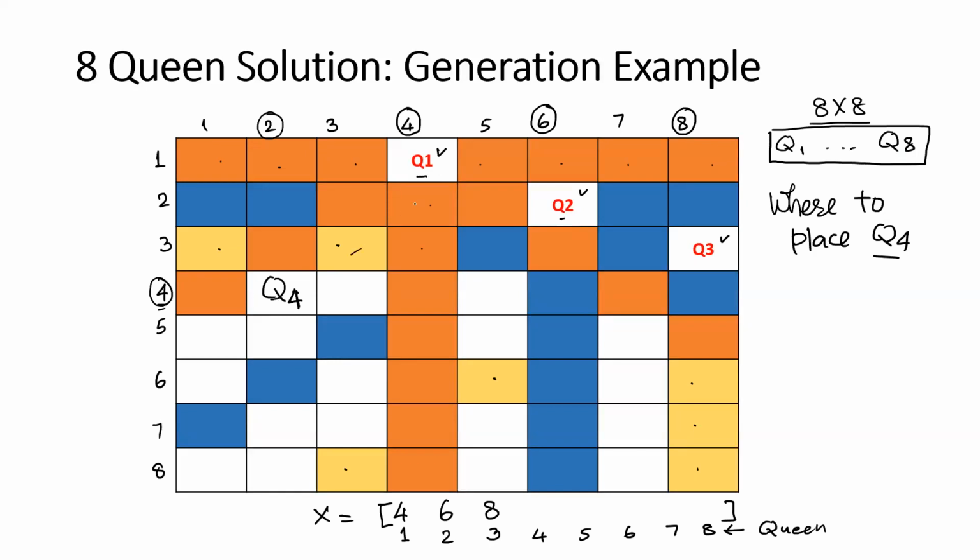So you can see here this diagonal is free. This diagonal is also free. So from the pictorial representation, it is clear that this column 2 is valid as the location for queen 4.